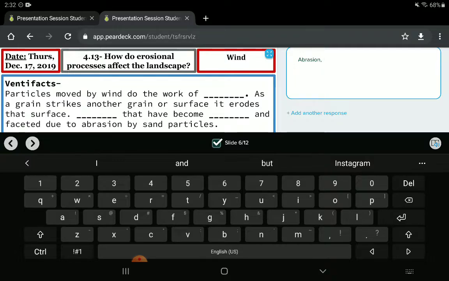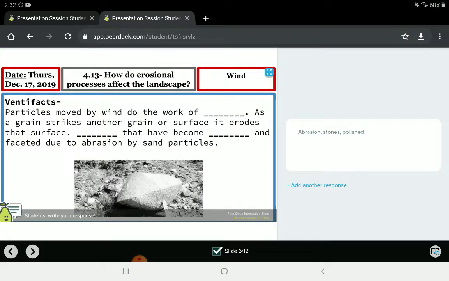So stones that have become polished and faceted due to sand particles. So those three words go in the blank.